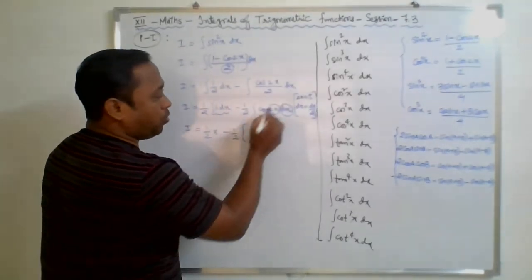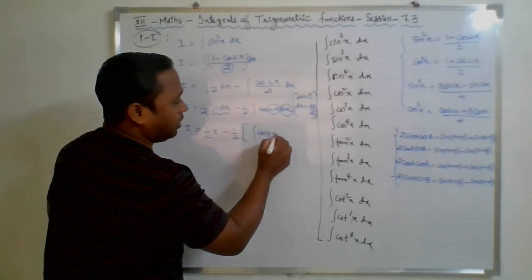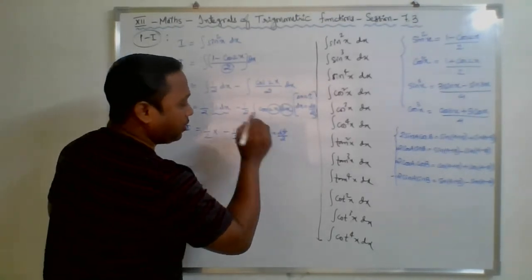So I am replacing both: the integral of cos t into dt by 2.